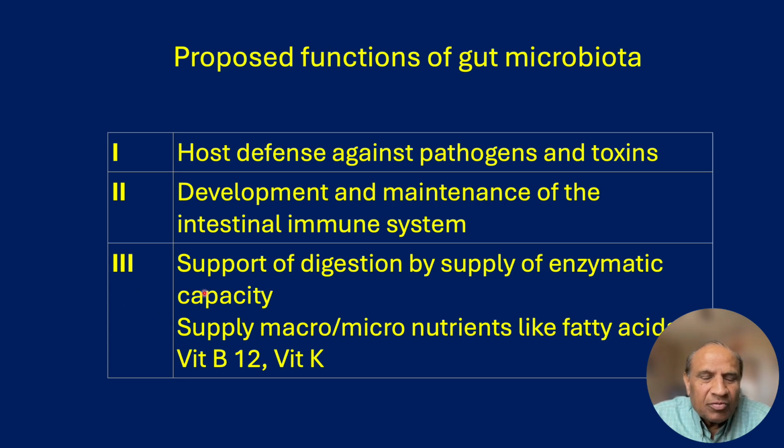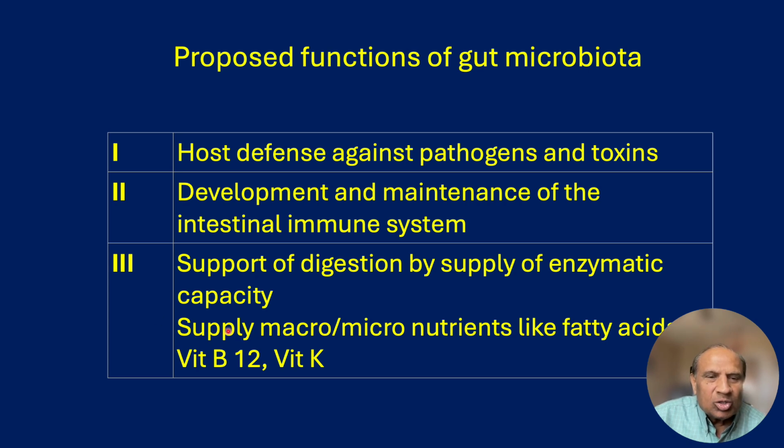The most important is the fiber, and the fiber is digested by these bacteria into short chain fatty acids, which are then absorbed especially in the colonic epithelium, where they help in maintaining as well as providing nutrition to the colon cells.